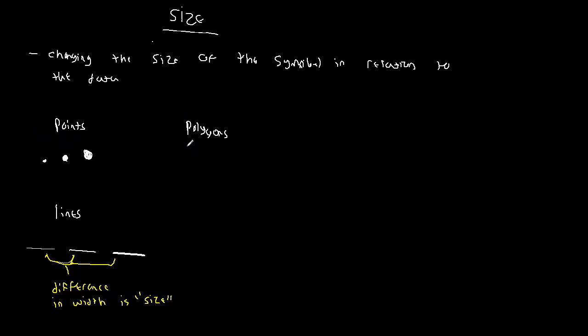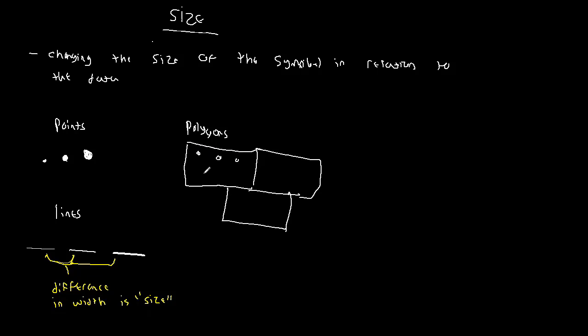But what you can do for polygons, if you really wanted to keep the polygon geometry exclusively, is you could use a pattern that had dots of some sort in the pattern and then make those dots bigger.